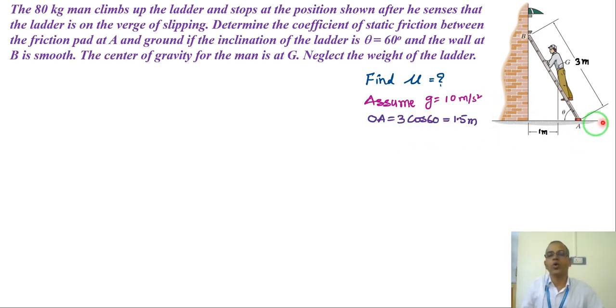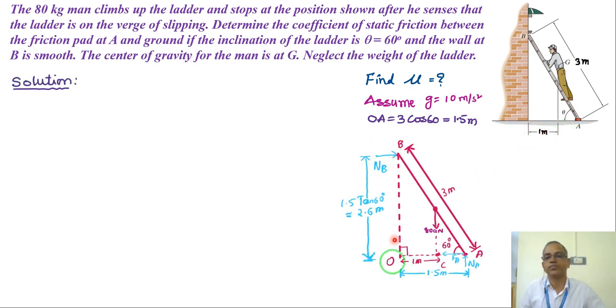Now I know this, if I say this is O, OA. So let us say I have a free body diagram here, that this is the rod AB, my rod here, the length given as 3 meter, okay. And also the man standing here, which is 800 Newton, is at a distance of 1 meter.